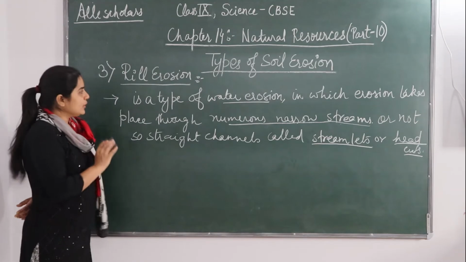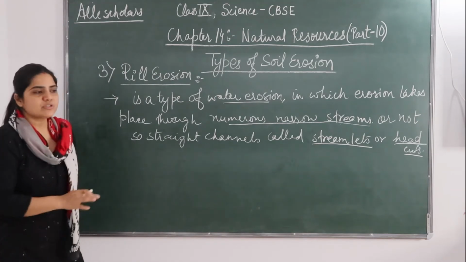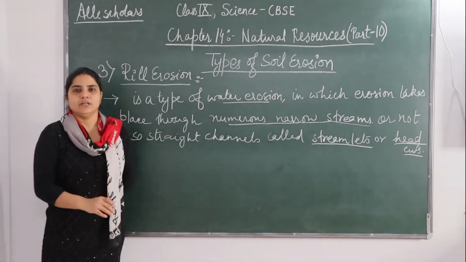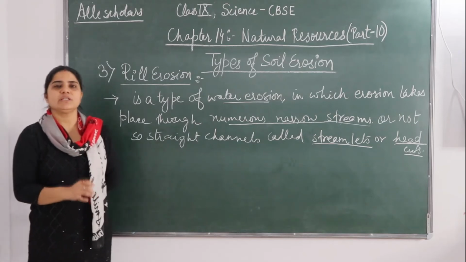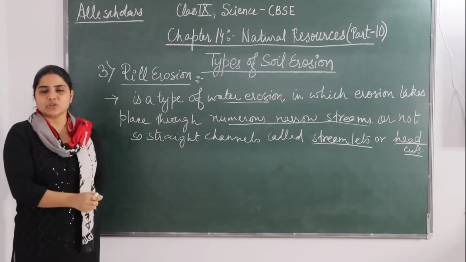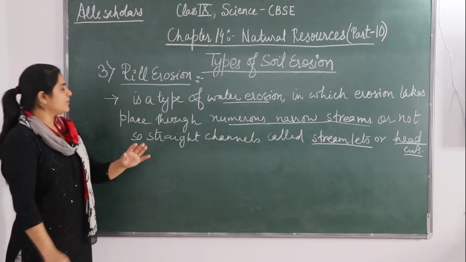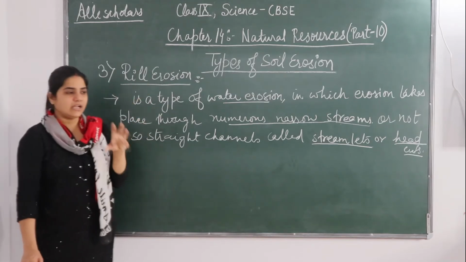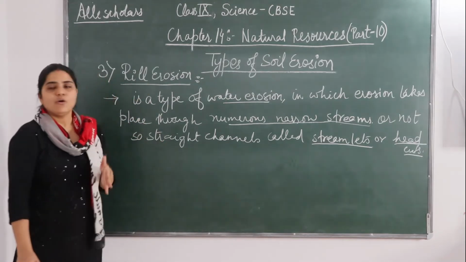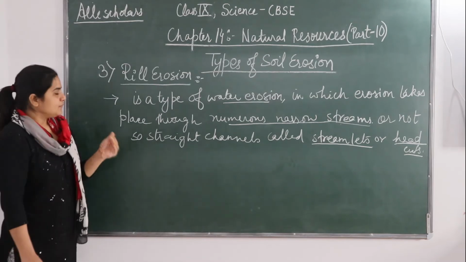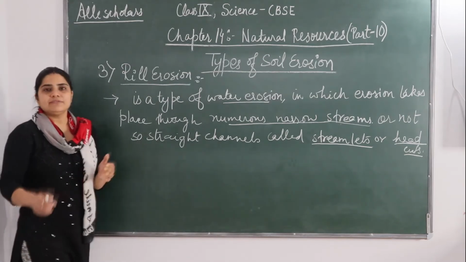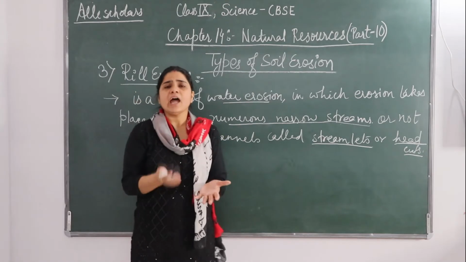Okay, so this rill erosion is the most common form of erosion. If it is asked in a 1 mark question, you are going to write rill erosion. Rill erosion is the most common form of erosion, which you can observe when there is a heavy rain.